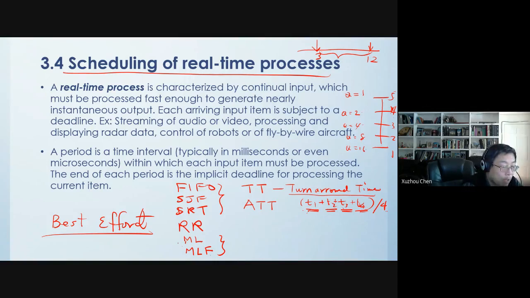Now for multi-level, each process depends on the priority of the process. The highest priority process is going to be allocated to the level 5 queue, and the next highest priority process is going to be allocated to the level 4 queue. And these are, for example, a couple of processes.